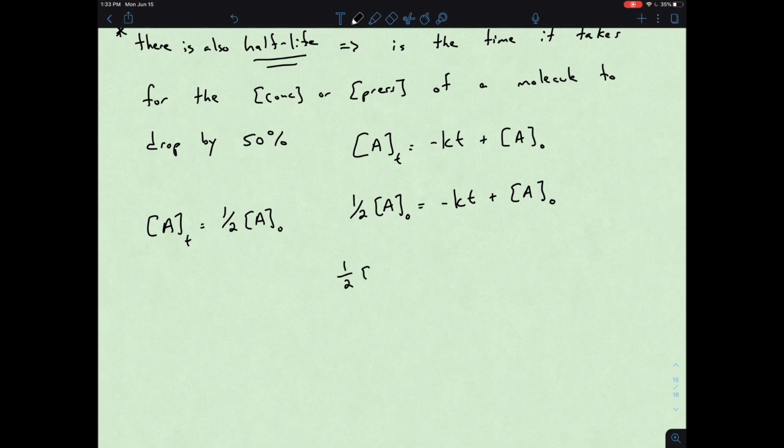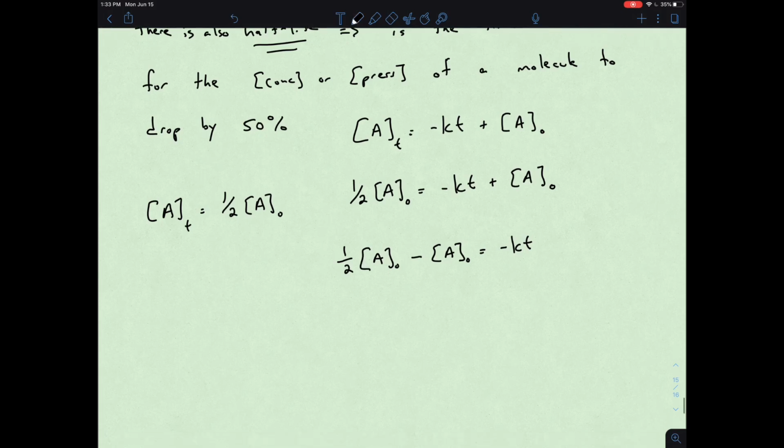1/2 A naught minus A naught is equal to negative kt. So just collecting like terms here, that would give me a negative 1/2 of A naught is equal to negative kt.